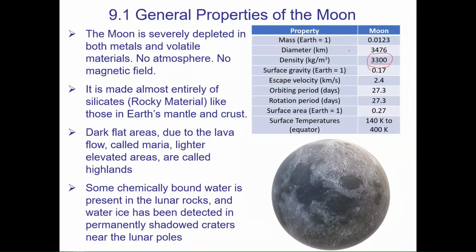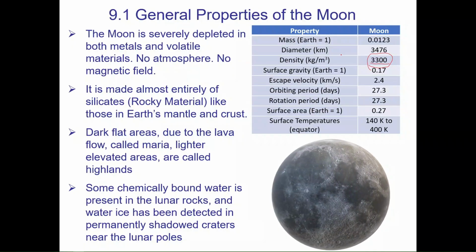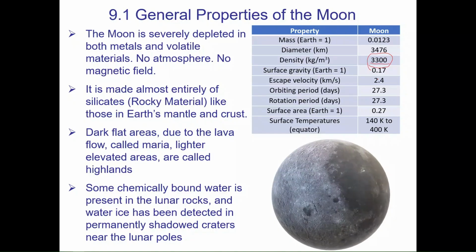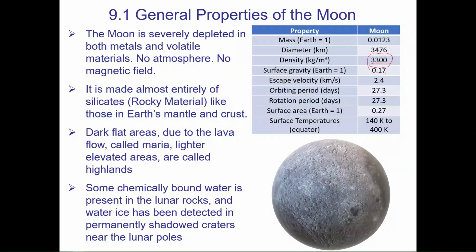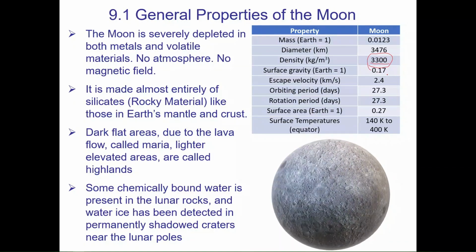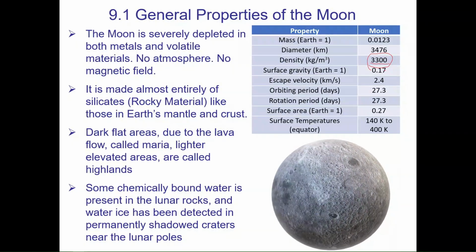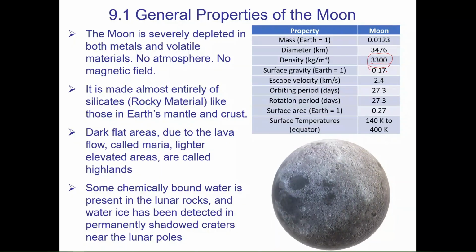And because the moon has less mass, the surface gravity of the moon is only about 70% of the Earth. Therefore, if you travel to the moon, you're able to jump very high because there's less gravity.